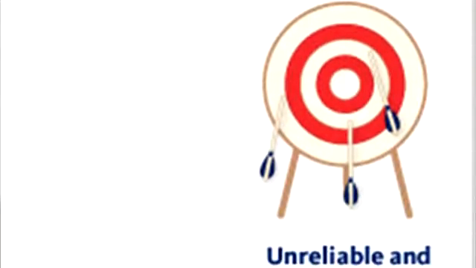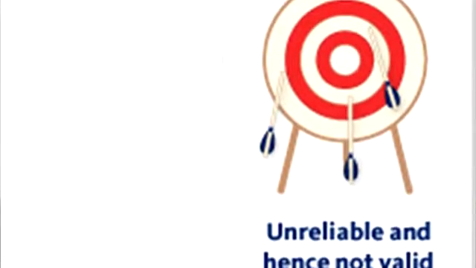And finally, assessments can be unreliable and hence not valid. The reason for that is this: the two go together. If your scores are all over the place, then it may just be that your criterion is not well developed or defined, and so it's measuring a range of things. And so both things are still off.